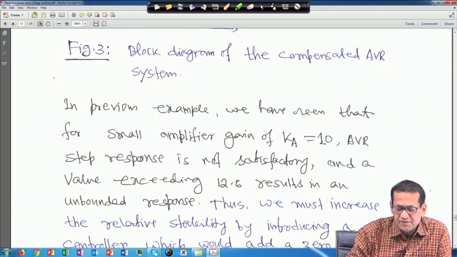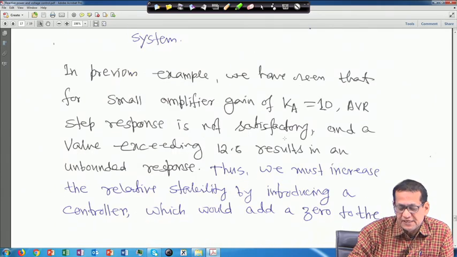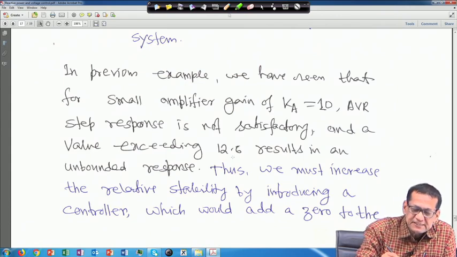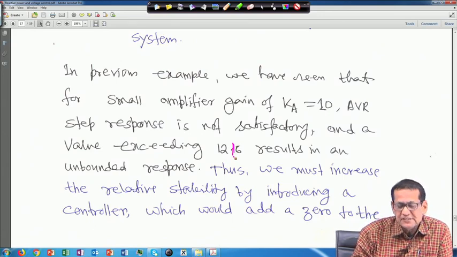In the previous example, we have seen that for a small amplifier gain of K equal to 10, the AVR step response is not satisfactory, and a value exceeding 12.16 results in an unbounded response. That means unstable.